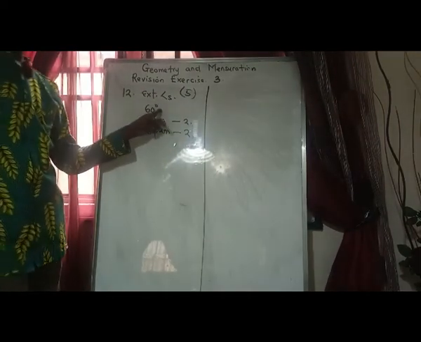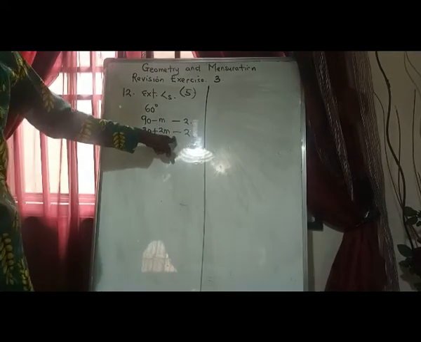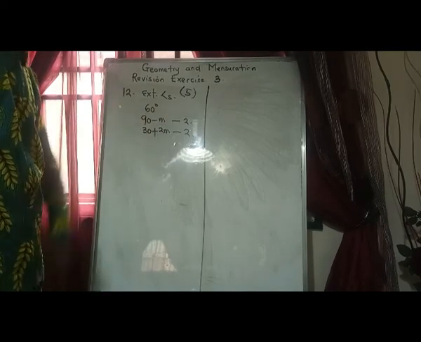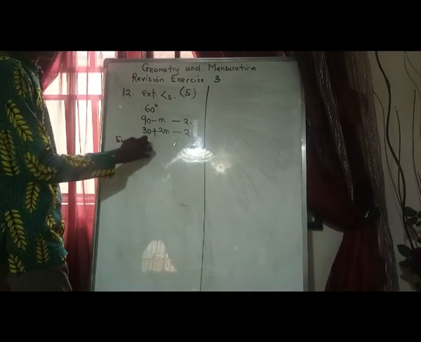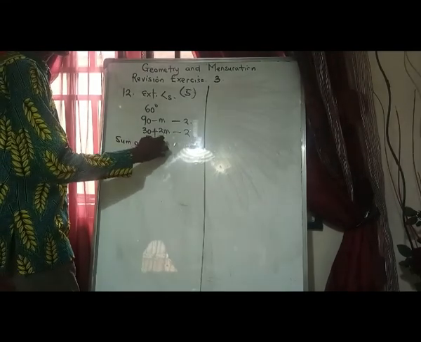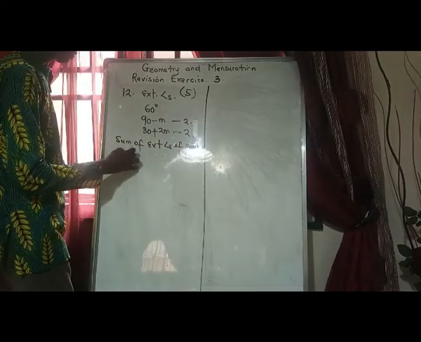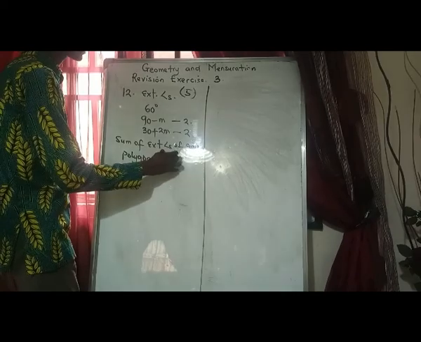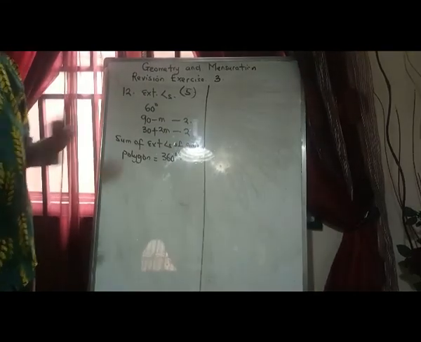So if this is given and 2 of this is given, it means that this one will simply be 2 sides accounted for. Now we know that the sum of exterior angles of any polygon at all is 360 degrees.